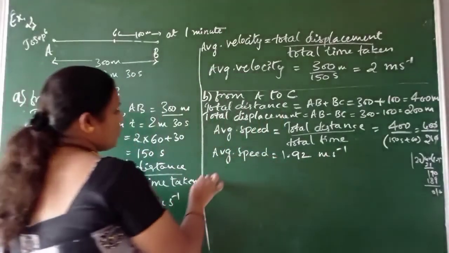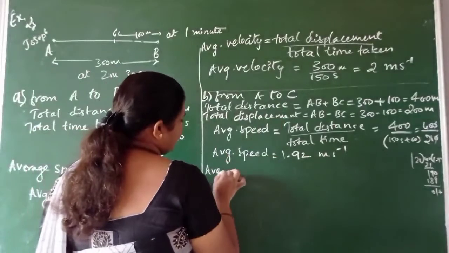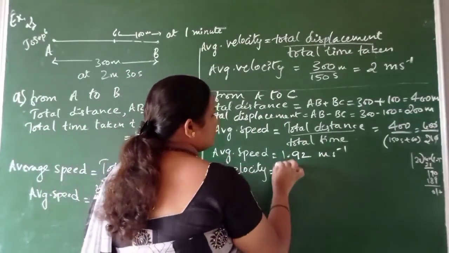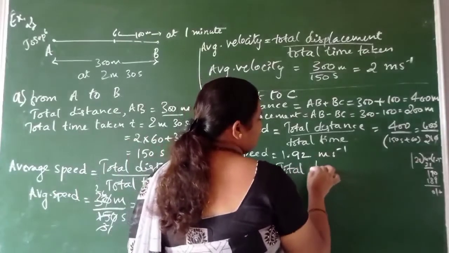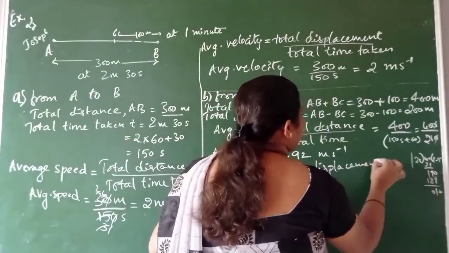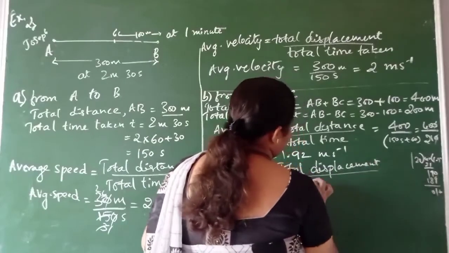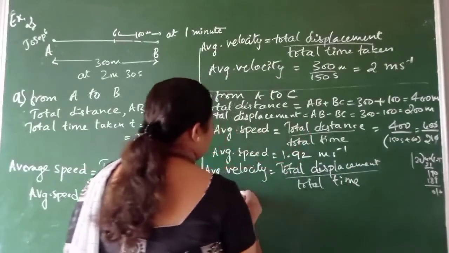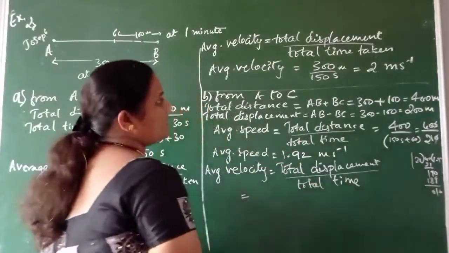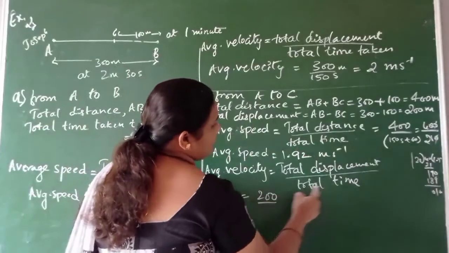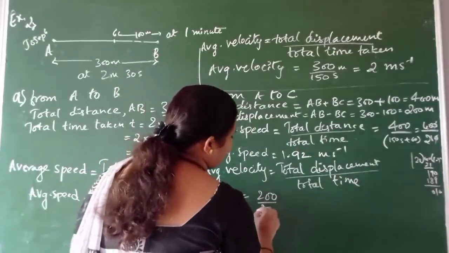The next is average velocity, which equals total displacement divided by total time. So what is the total displacement, children? 200 divided by the total time taken, 210.